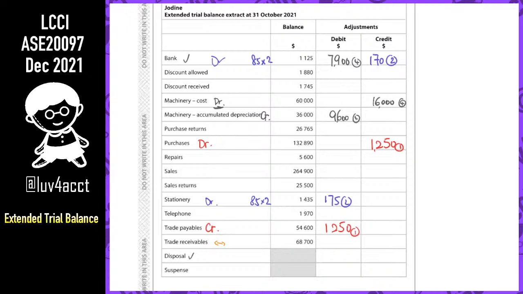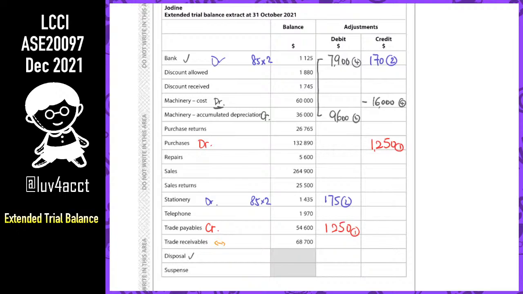Then we have to deal with disposal as well. Double entry. You can see we have two credit entries here, and then one debit. Two debit entries in bank and machinery accumulated depreciation, which would go into the credit side. And then the 16,000 credit in the machinery cost account will go into the debit side of the disposal.